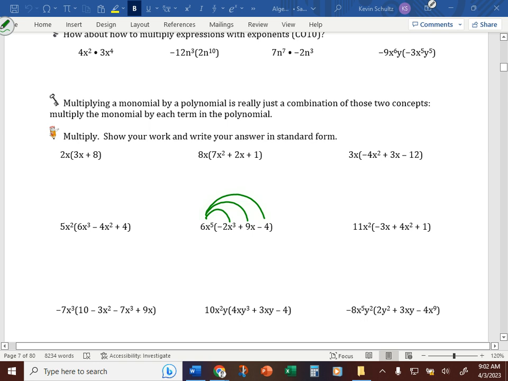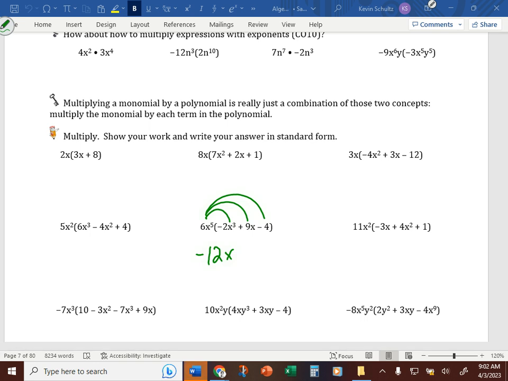The 6 and the negative 2, your coefficients. The base stays the same, and what happens to the powers? They get added, right? We saw this was a combination of PO7 and CO10, where we distributed into parentheses before. We've multiplied exponent expressions before, right? And that's what we got.